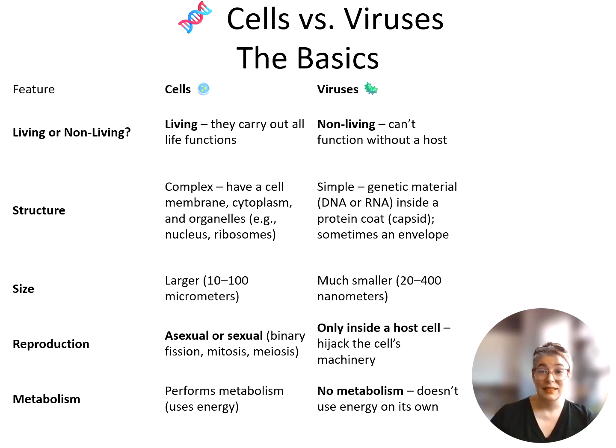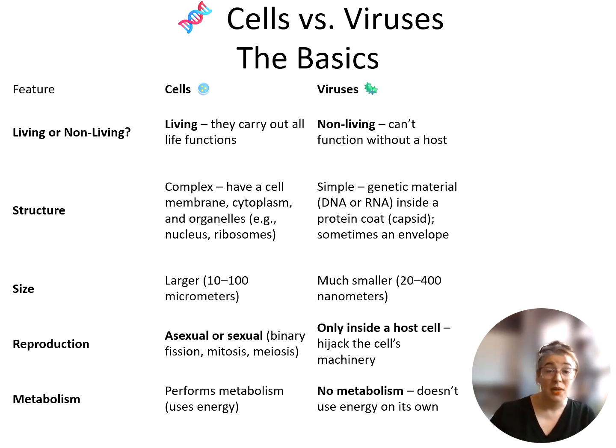Cells are going to be larger. We measure them in micrometers, and whereas for viruses, these are nanometers. They are much, much smaller. And remember, that makes a lot of sense logically because a virus infects a cell. And so it's going to have to be smaller than a cell.